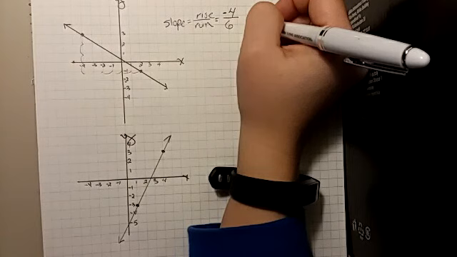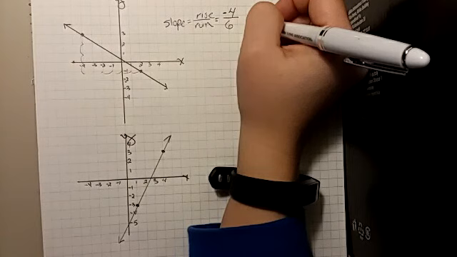In this case, the rise is going to be downward because this is a decreasing line. It's tilted down. So I'm going to be walking down 1, 2, 3, 4. And I'm going to be walking to the right 1, 2, 3, 4, 5, 6.